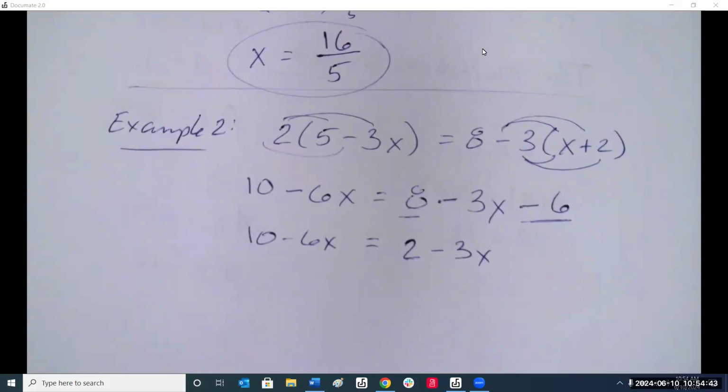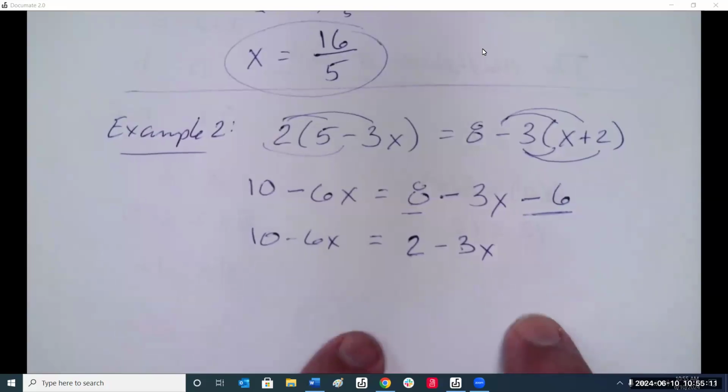Now, this is another one of the rules I'm trying to teach y'all. We have x's on both sides. Which one do we move? This one? Well, yeah, you can, but if you move this one, you're still going to have a negative in front of the x.